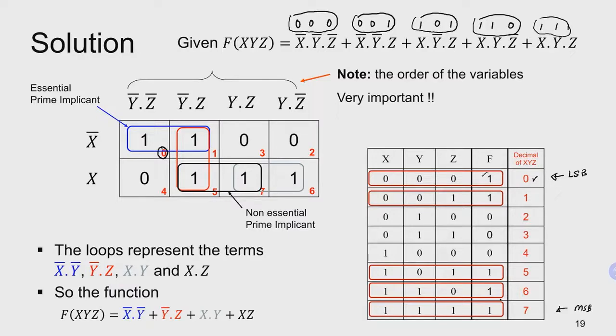I got a 1. So I put a 1 on the Karnaugh. So I got 1 here, put a 1 there. And then 5, 6, 7, there's a 1, so I put a 1 there.